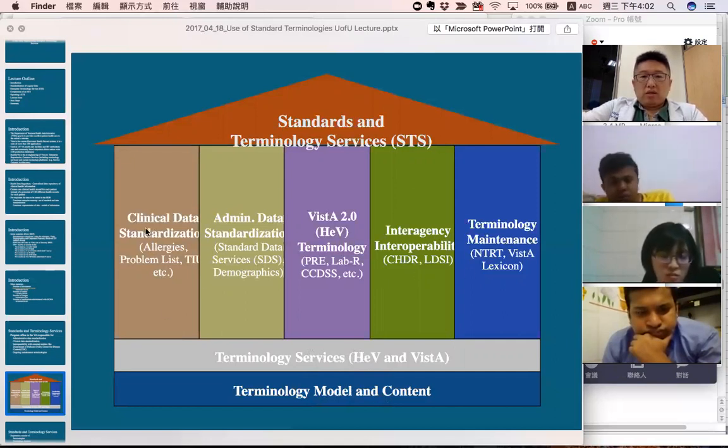So you can see that here we have 5 major core components. The first one is clinical data standardization. Those are the common ones, mostly for the physician and nurse. For example, the allergy, the problem list, and the tertiary care, that kind of information.